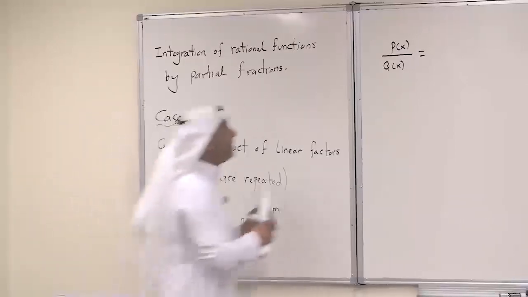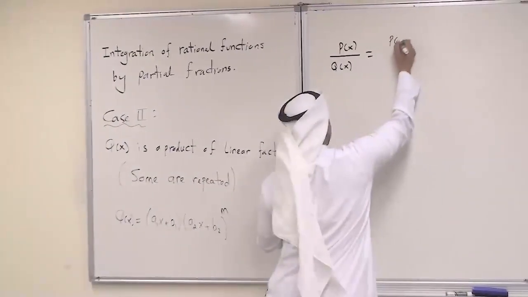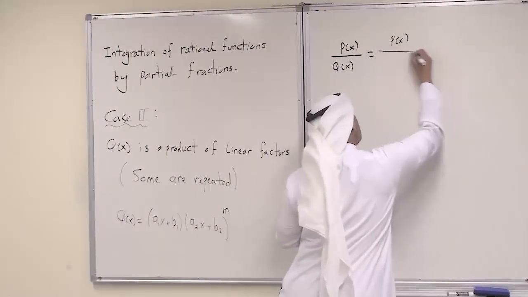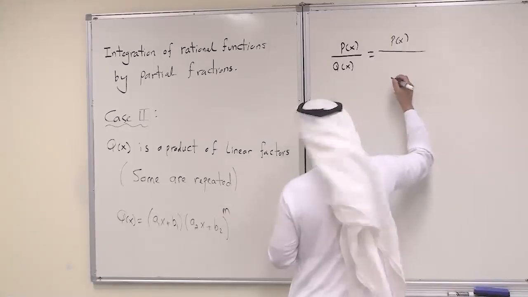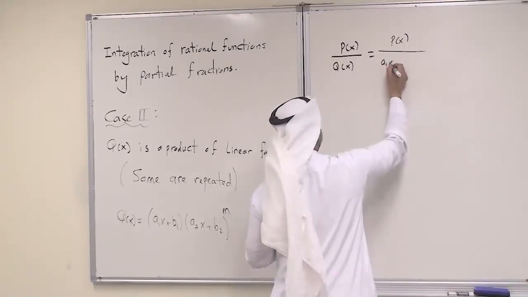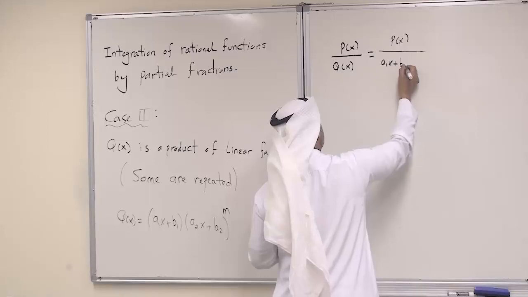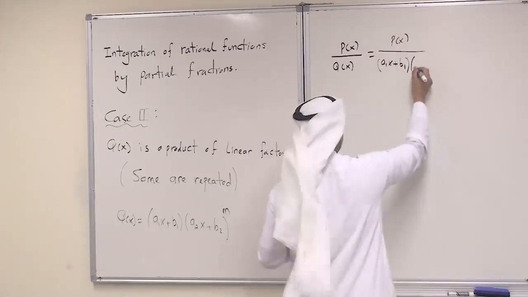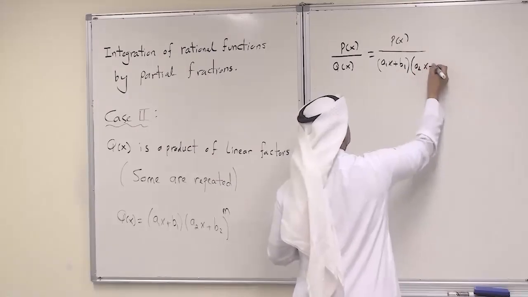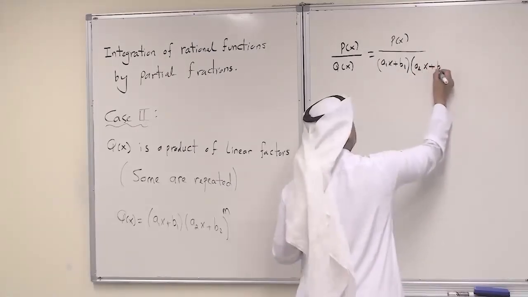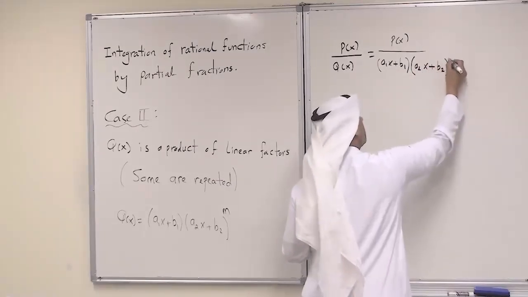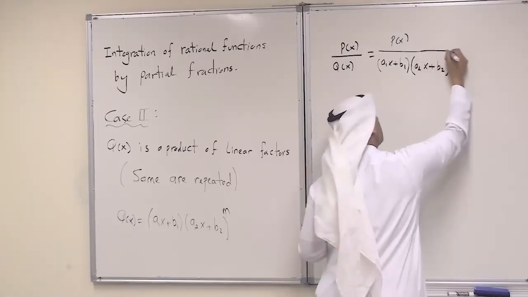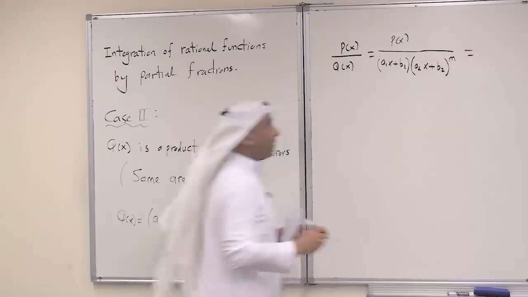So what do we have at the end? We have P of x divided by Q of x rewritten as (A1x plus B1), a linear factor of multiplicity equal to 1, multiplied by (A2x plus B2) raised to the power m. It means we have a linear factor but with multiplicity equal to m.